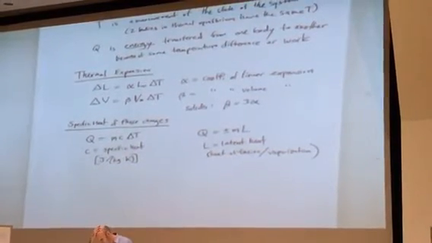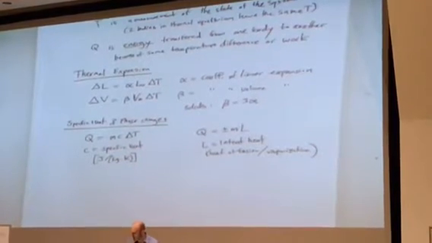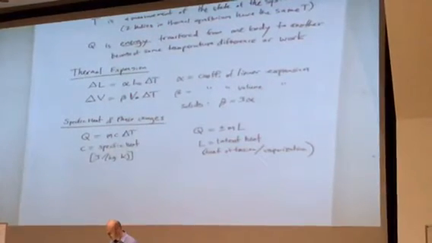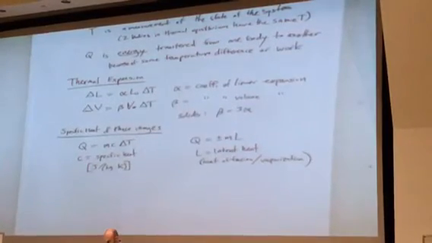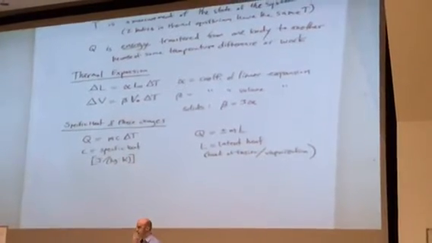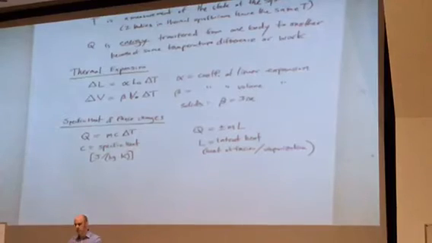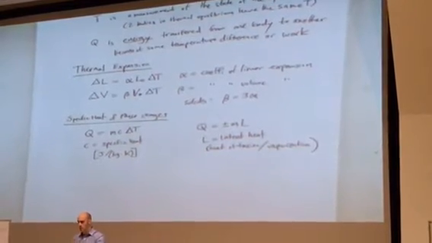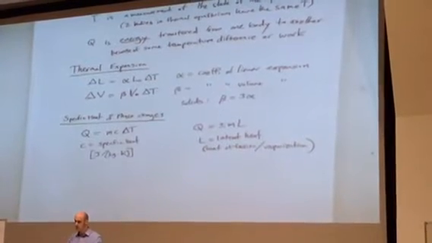All right. So that's if we either add or subtract heat to some material, and the plus or minus sign here indicates the fact that we're either adding heat in terms of going from solid to a liquid to a vapor, or we're subtracting heat if we're going from vapor to a liquid to a solid.